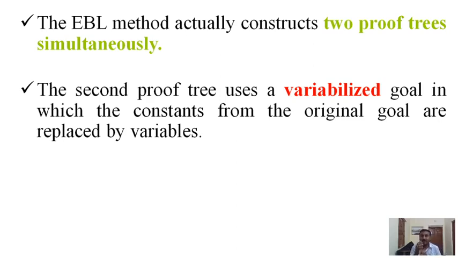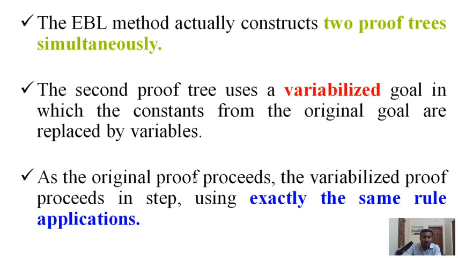The constants that we used in the original goals are replaced here by variables. That is why in the second proof tree we use the variabilized concept. The original constants are converted into variables, and that is what we call variabilized.